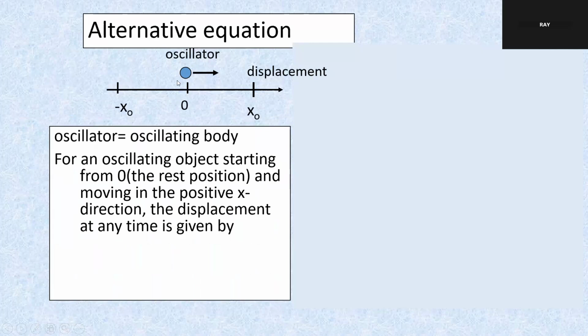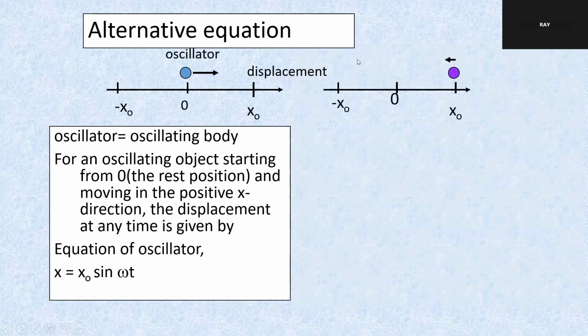I call the oscillator the oscillating body. For an oscillating object starting from x equals 0, the rest position, and moving in the positive x direction, the displacement-time is given by the equation. It's a sine graph. But if it starts from maximum, then it's a cos graph.